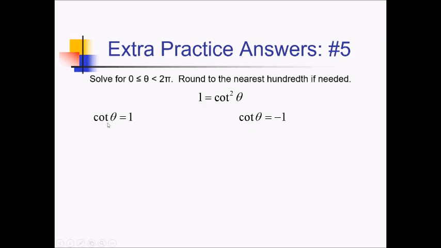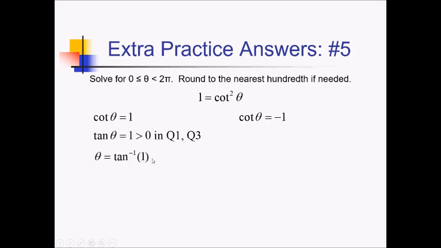I can't really do much with cotan, but I'm going to take the reciprocal of this whole equation to get tan equals 1 over 1, which is just 1, because tan I know what to do. So I notice that tan here is positive. That means that for this branch anyway, my angles have a positive slope, which means they are in quadrants 1 or 3. So let me get a reference angle and see if I can figure out what they actually are.